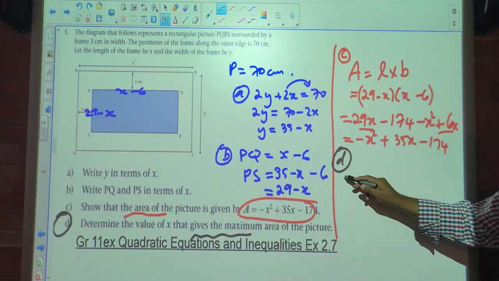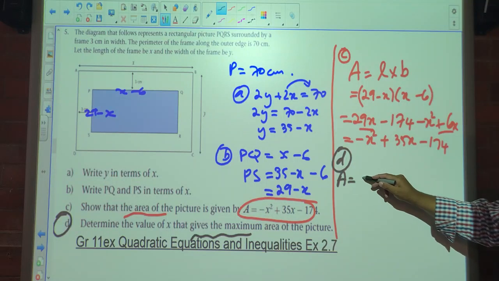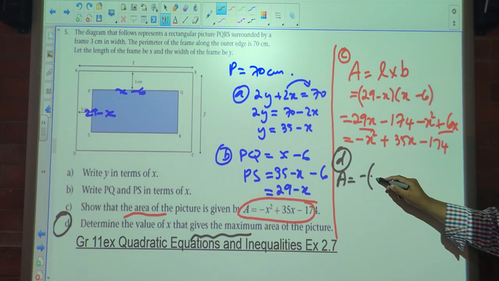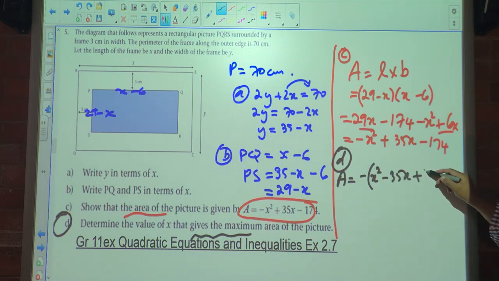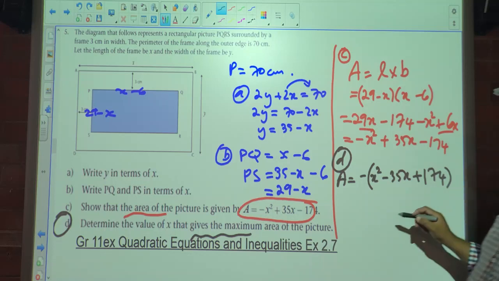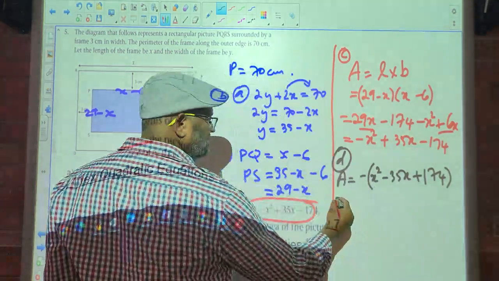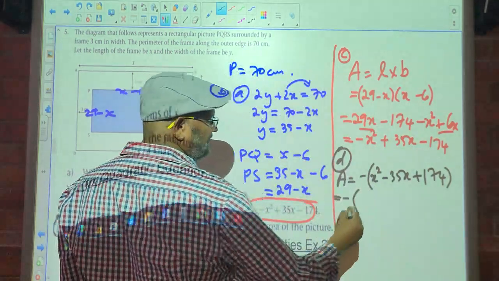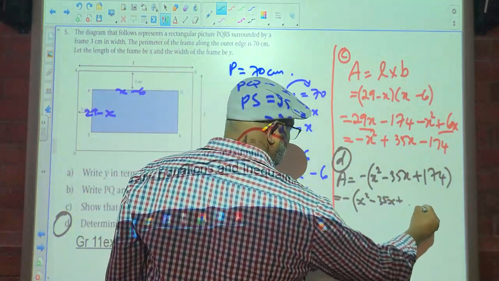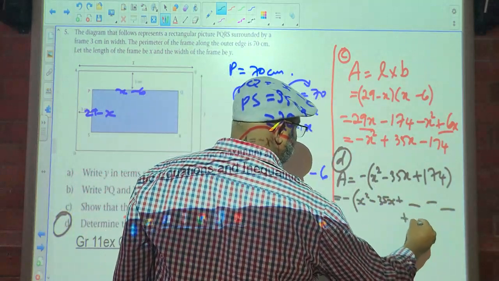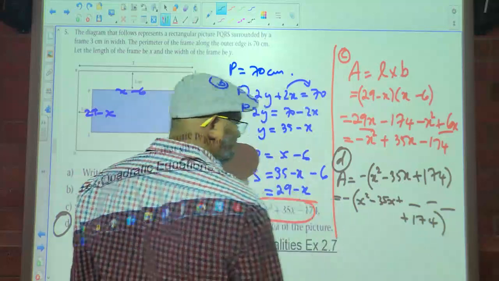So let's go. Where do we start? Take out negative as a common factor. I always want the 1 in front of x squared. So it's x squared minus 35x plus 174. Is that okay? So it's going to be negative into x squared minus 35x plus a number minus that same number plus 174.